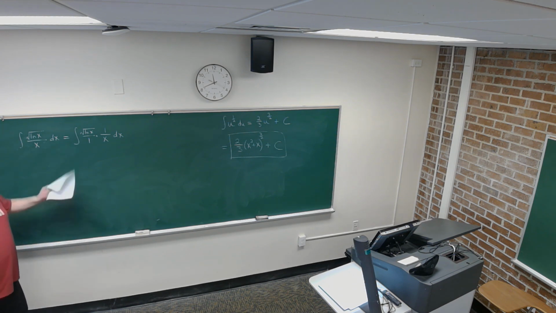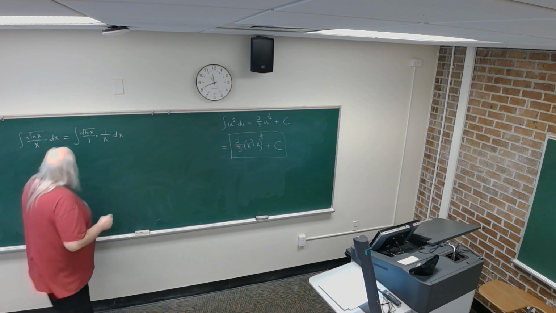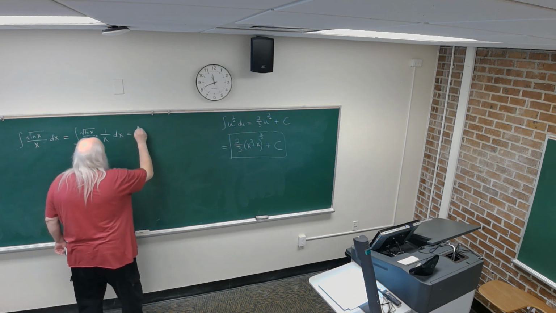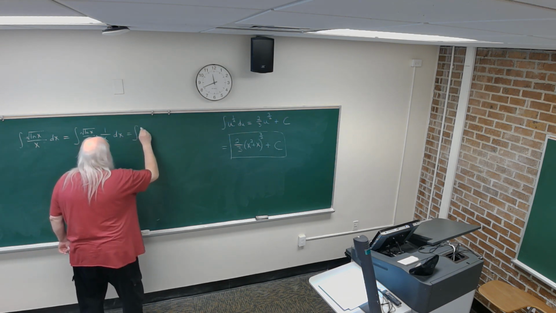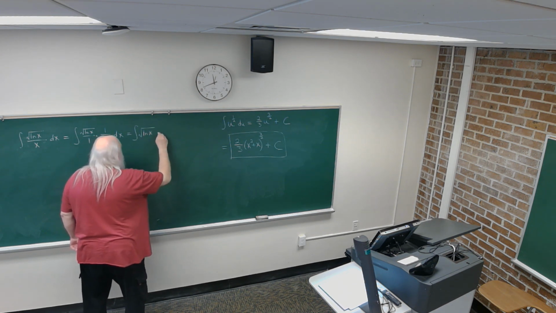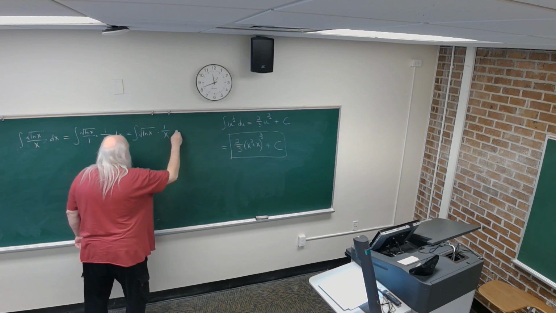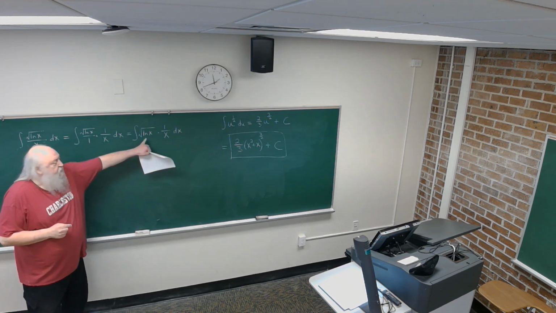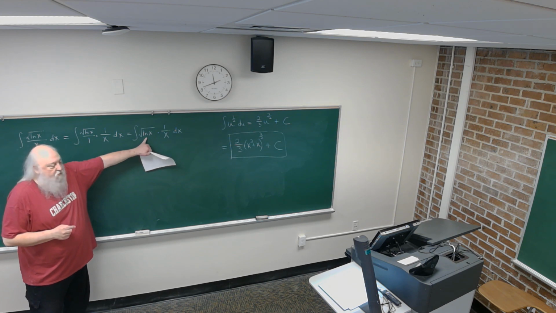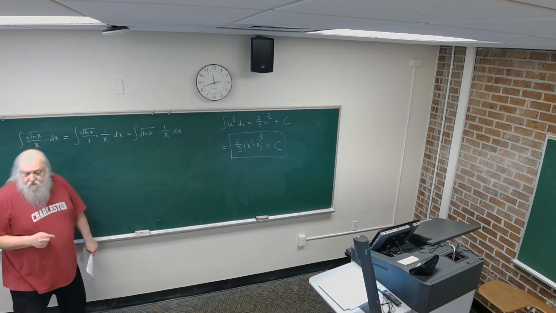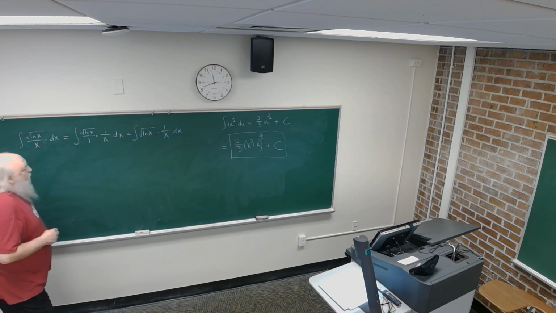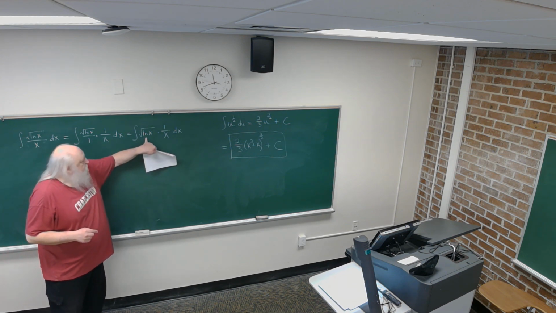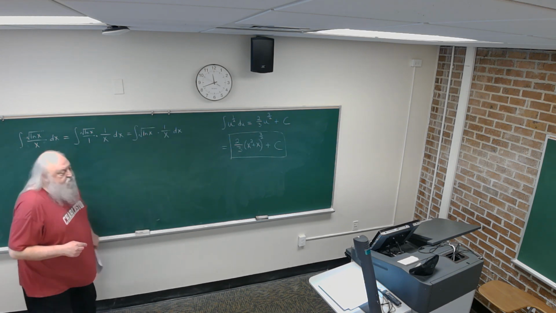You multiply two fractions, you just multiply straight across. And so the integrand can be written as the square root of the natural log of x times 1 over x dx. So in this case, the natural log of x is inside the square root function. And the derivative of natural log of x with respect to x is 1 over x.